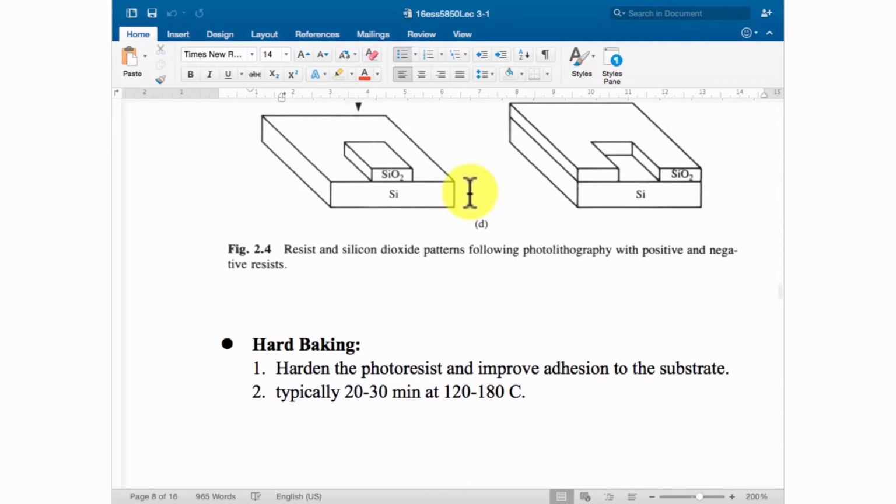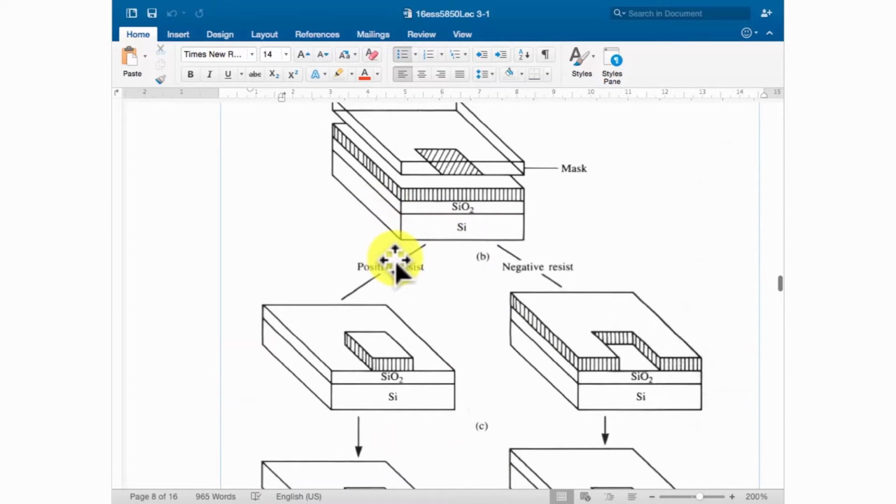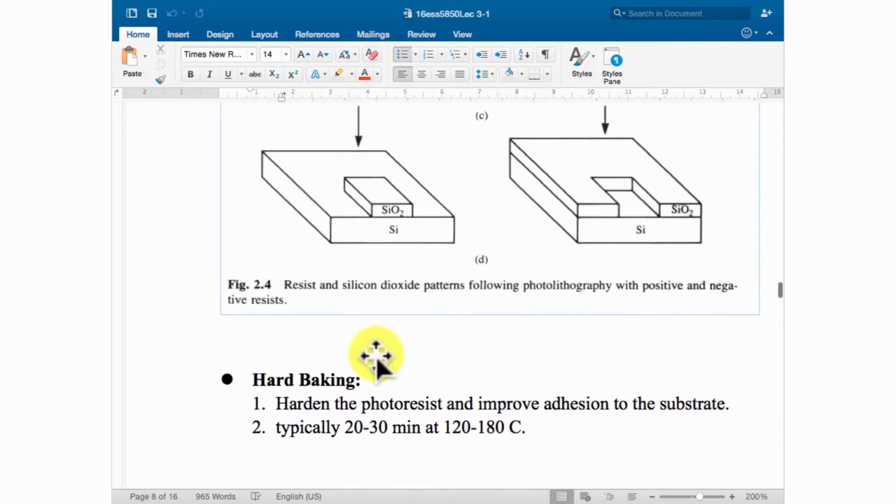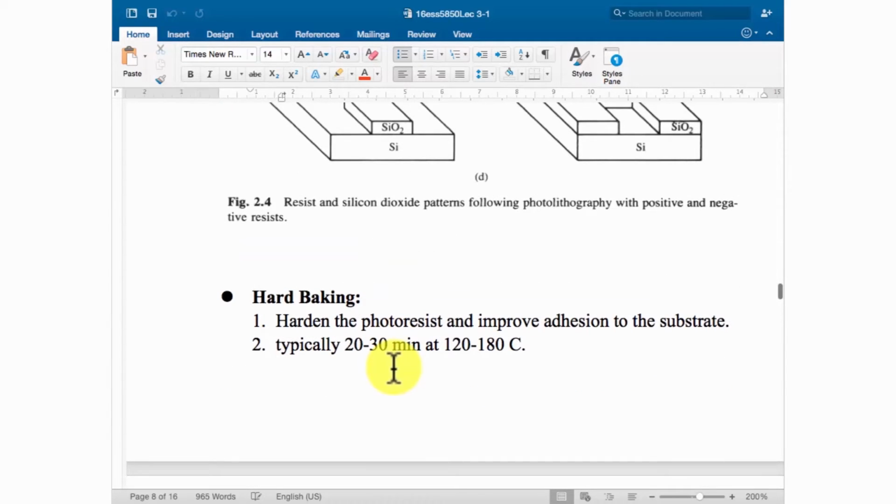Okay, and so after exposure, and also before you want to do the etching process, sometimes we need to do the hard baking. The hard baking means we need to harden the photoresist to further improve the adhesion between the resist and the substrate.